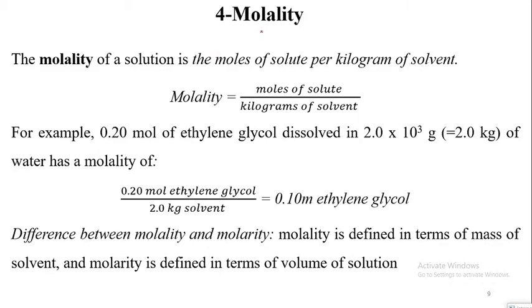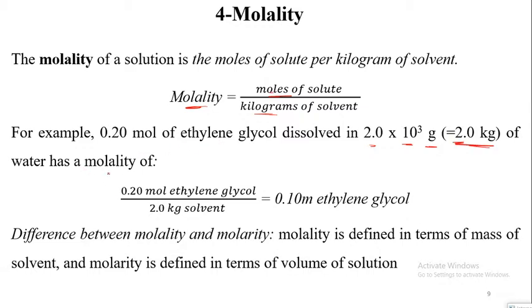The last way of expressing concentration is by using the molality. The molality of a solution is the number of moles of the solute per kilogram of the solvent. This means molality is the number of moles of the solute divided by kilograms of solvent. For example, if I have 0.2 moles of ethylene glycol dissolved in 2 multiplied by 10 to the power 3 grams of water, that means 2 kilograms of water.